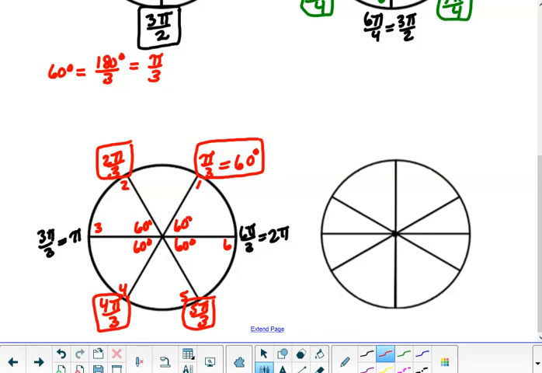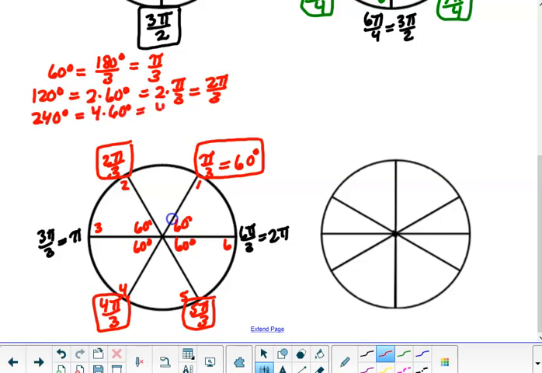I could also think, okay, I want to know what 120 degrees is in radians. So I can think of 120 degrees as 2 times 60, which means it's 2 times pi over 3, or 2 pi over 3. I could think of 240 as 4 times 60, or 4 pi over 3.